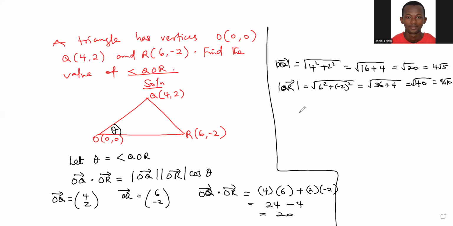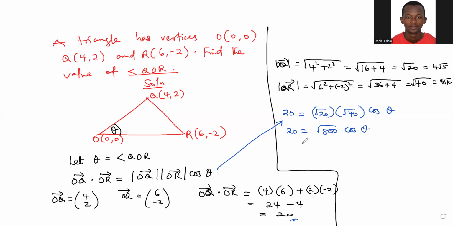So we have 20 equal to our magnitude, root 20 for OQ, and OR also is root 40, then cos theta. Okay. So root 20 times root 40 gives you root 800 cos theta. So this is same as cos theta equal to 20 divided by root 800.